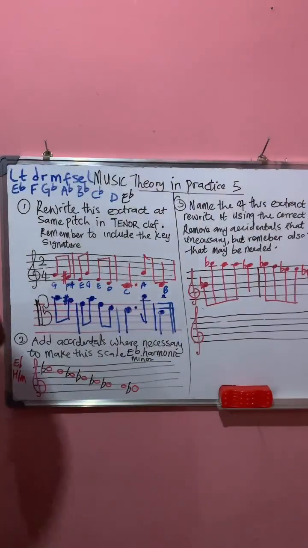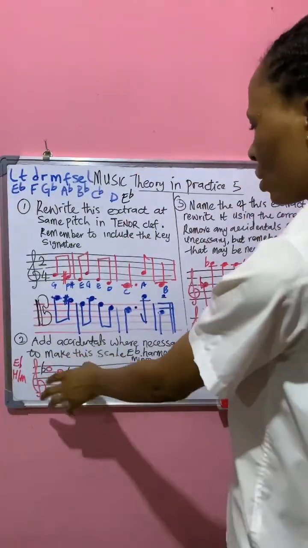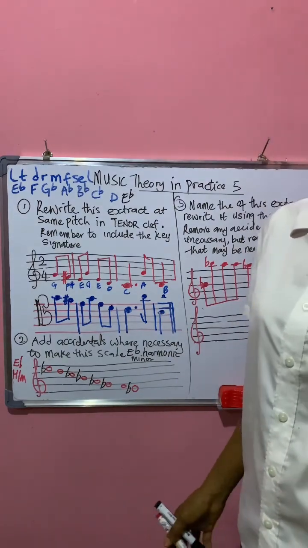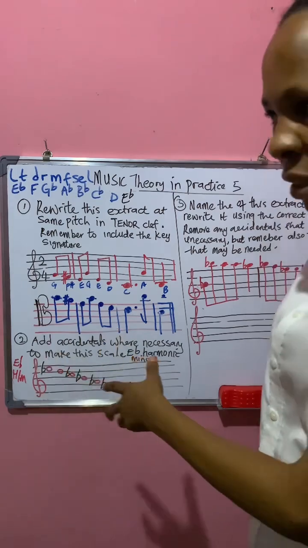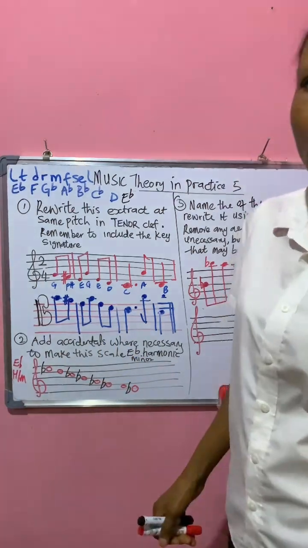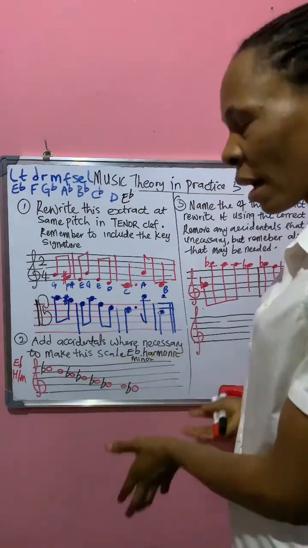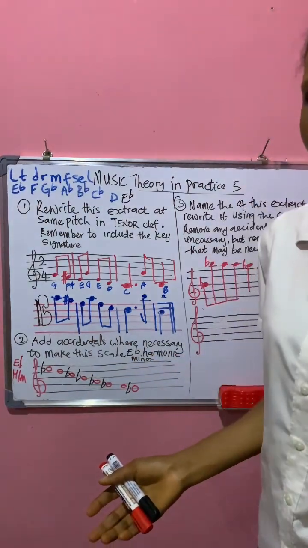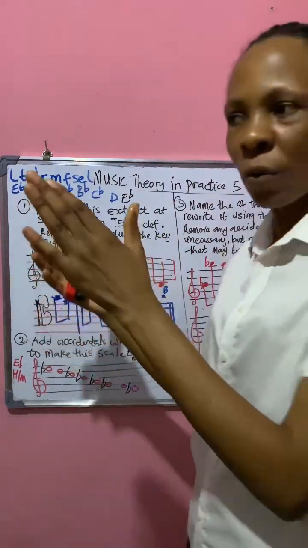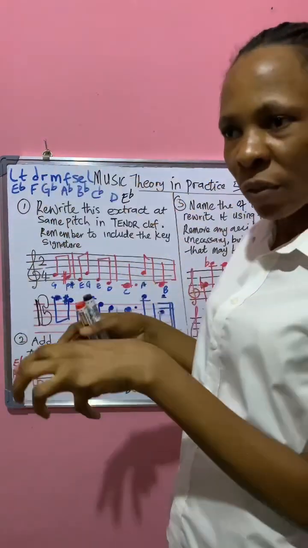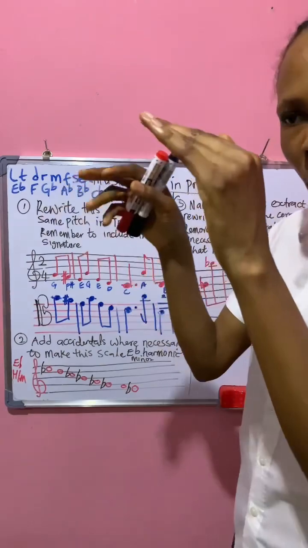But then there's another thing, because you can't just know what E flat harmonic minor or E flat minor is. First of all, you have to know the relative major of the key you're working on. So how do you find the relative key of E flat? You just know that since it's La, you need to go La, Ti, Do until you find your Do. The relative major you're finding is always at Do.